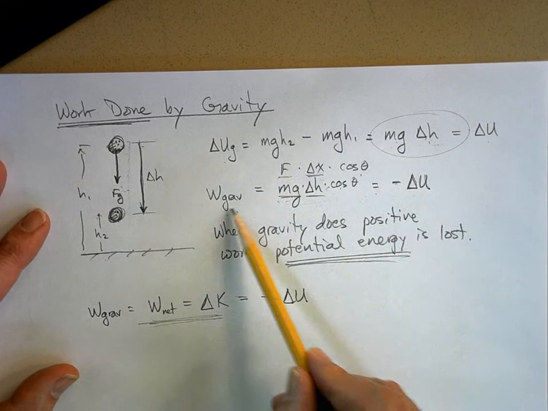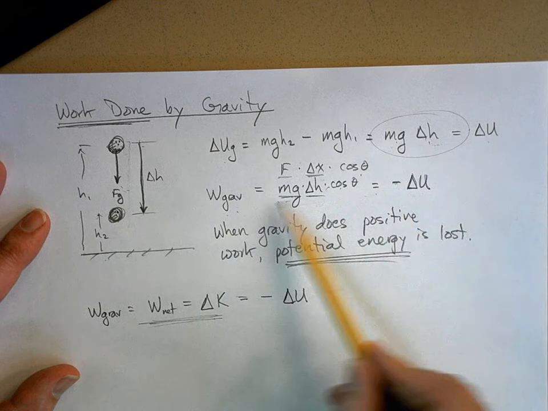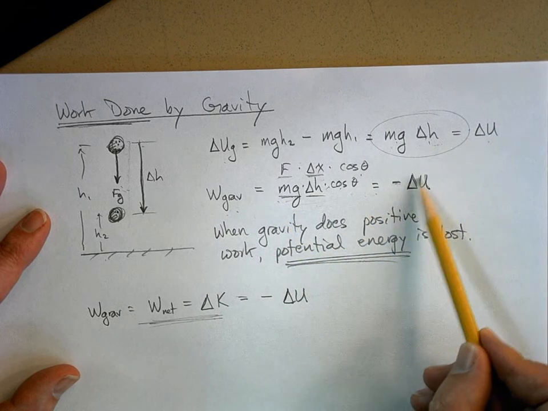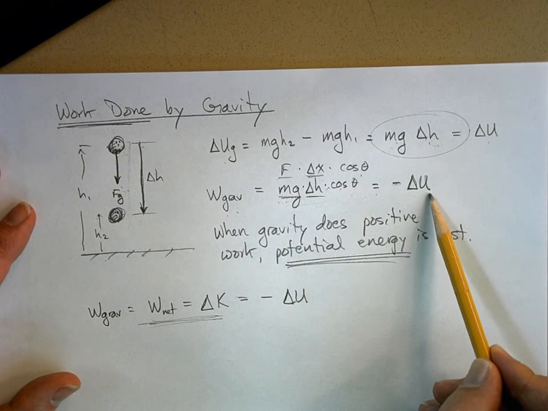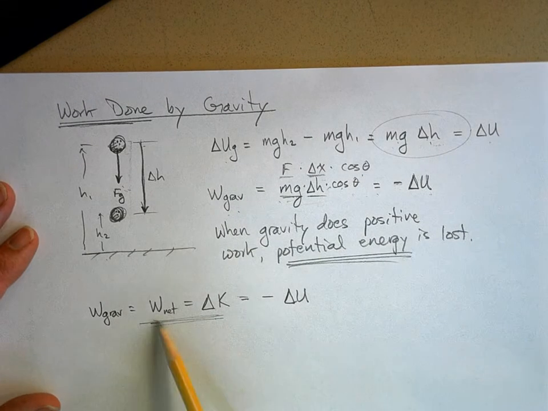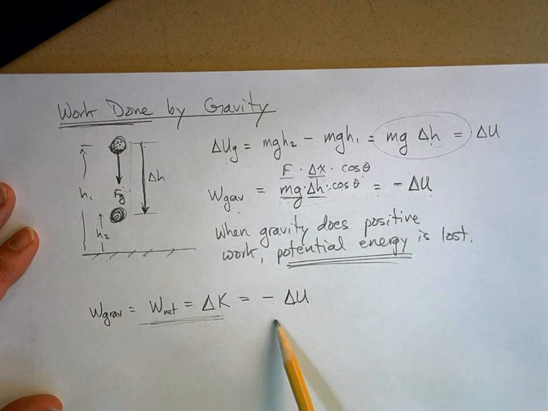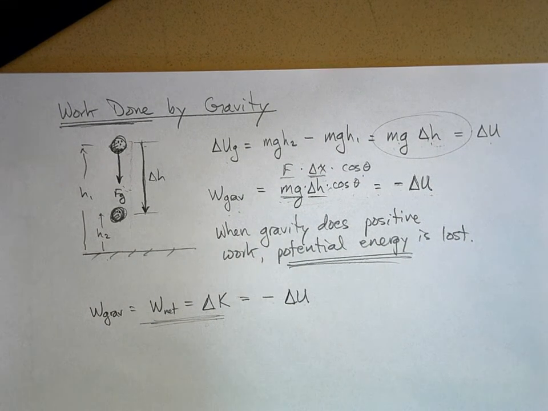So the positive work done by gravity results in a loss of delta U. But by the Work-Energy Theorem, that loss of delta U is going to add to my kinetic energy. I hope this isn't too abstract, but this is how physicists think. So you got to follow along.